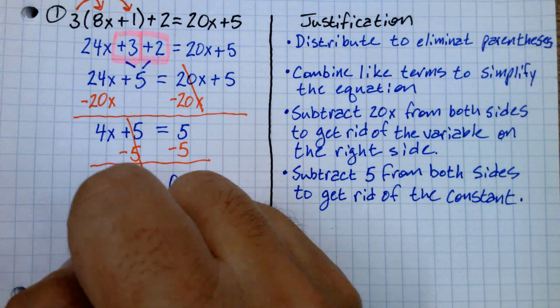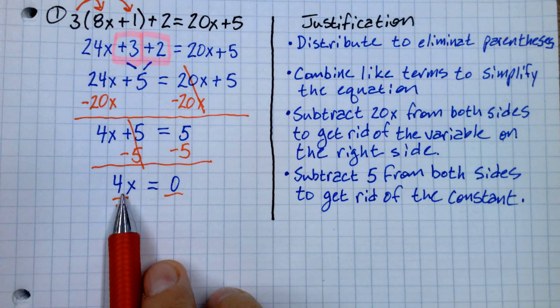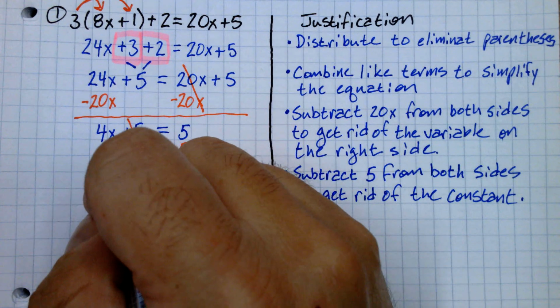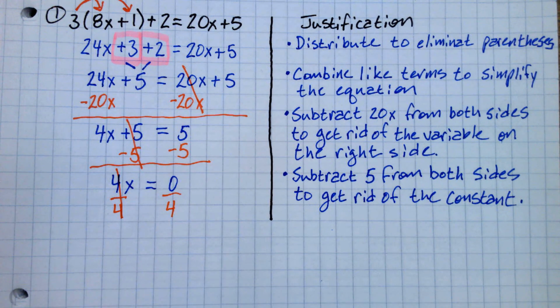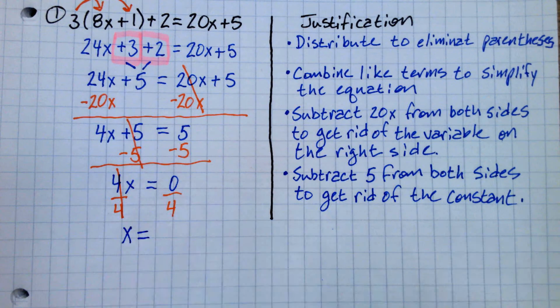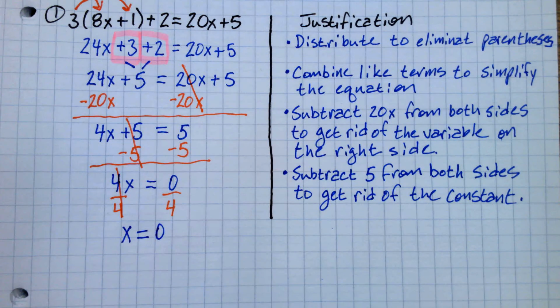Get rid of the 4, so we'll divide it. What do we call that? Number 4 starts with a C? Coefficient. So divide both sides by 4 to eliminate or get rid of the coefficient. And we're going to get x equals whatever 0 divided by 4 is. 0. 0 is an actual answer.